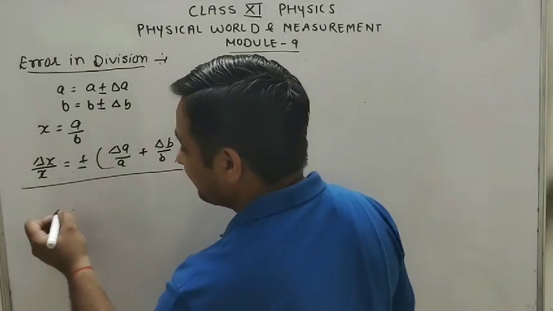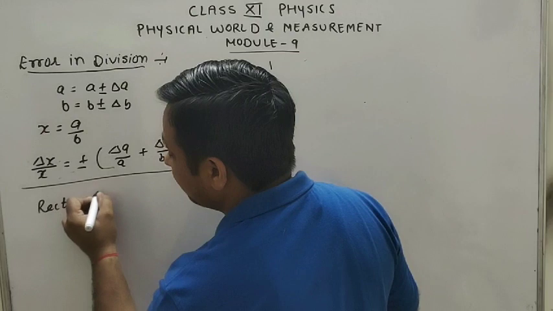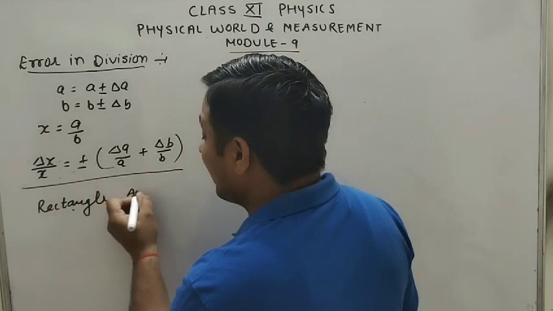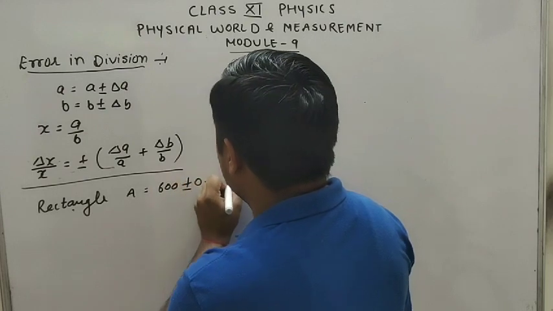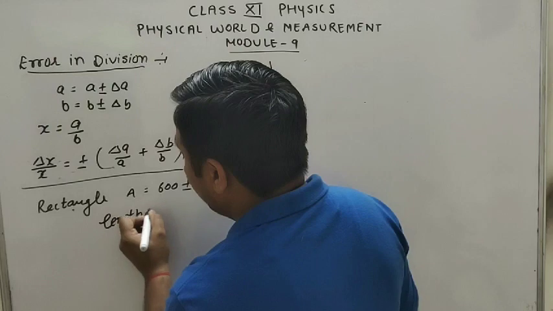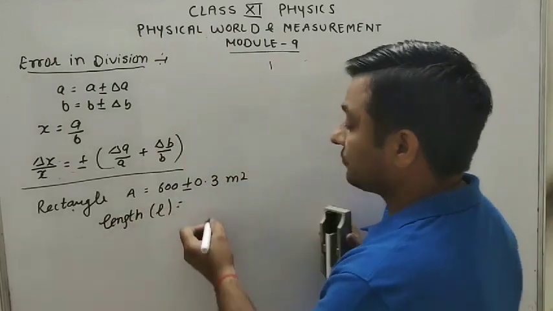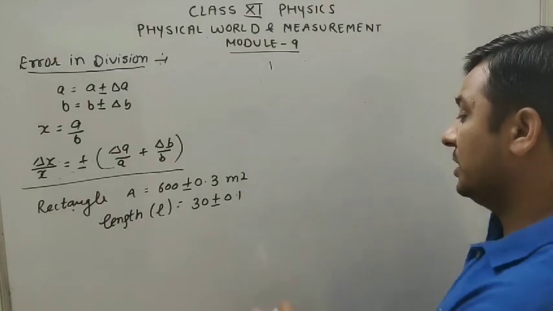Suppose this is a rectangle, area is 600 plus minus 0.3 meter square and length L is 30 plus minus 0.1 meter.